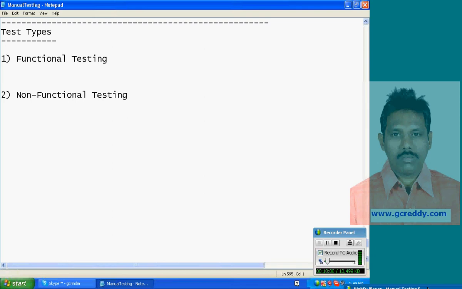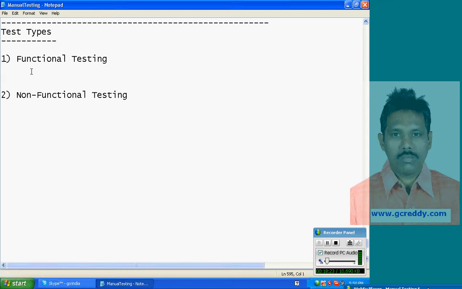See, checking functionality means external behavior. Checking functionality of a component or system based on requirements.